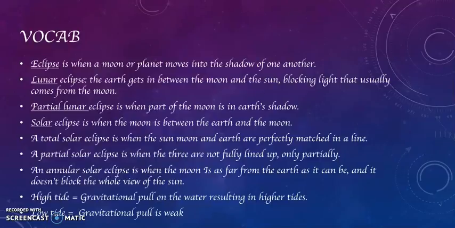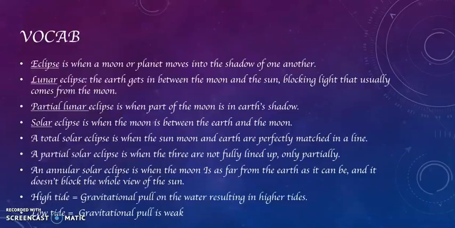A solar eclipse is when the moon is between the Earth and the sun. There are 3 types, which are total solar eclipse, partial solar eclipse, and annular solar eclipse.